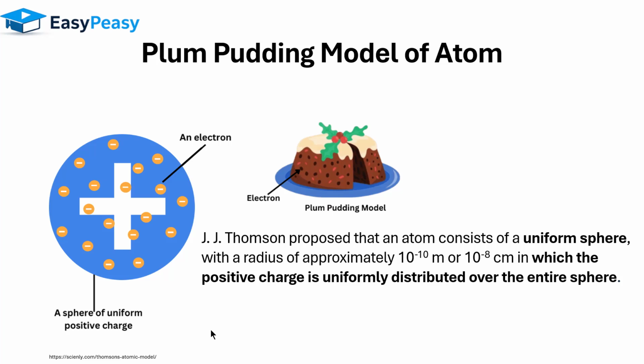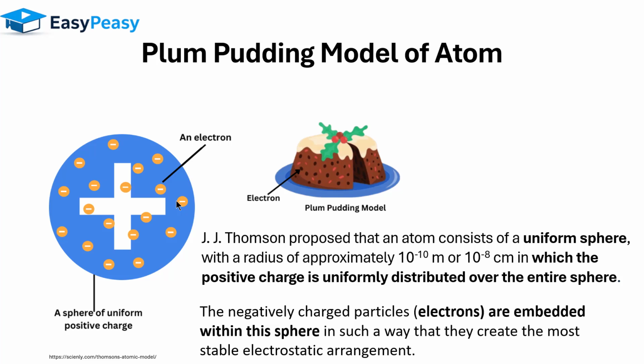J.J. Thomson proposed that an atom consists of a uniform sphere with a radius of approximately 10^-10 meter, or 10^-8 centimeter, in which the positive charge is uniformly distributed over the entire sphere. Just like you can see, the blue part is the uniform positive charge.